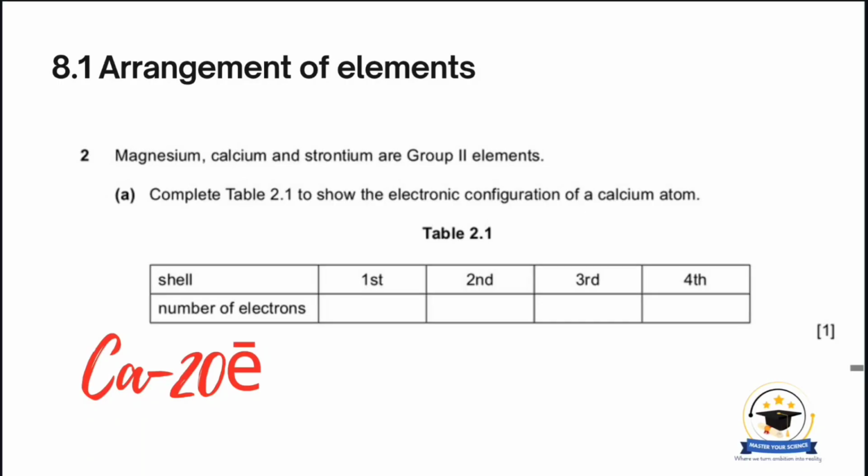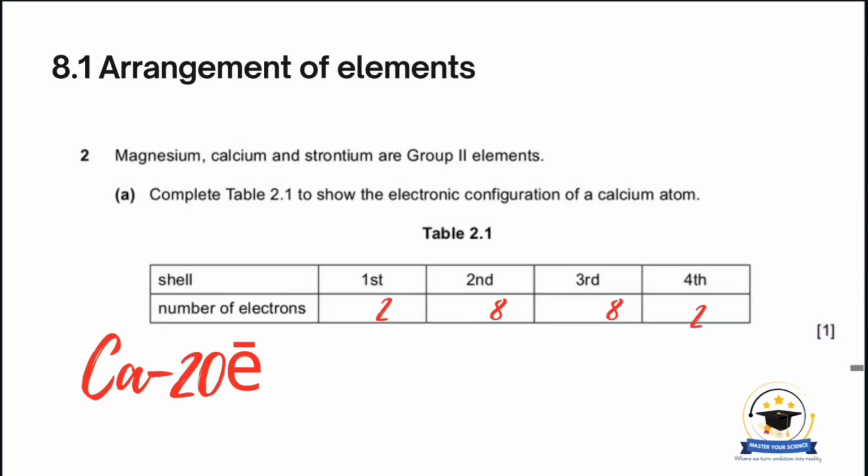Since an element is neutral, the number of protons will equal the number of electrons. So we have 20 electrons, and distributing these electrons, the first shell will be filled up with 2, the second shell will be filled up with 8, the third shell another 8, and the last shell will have 2 electrons.